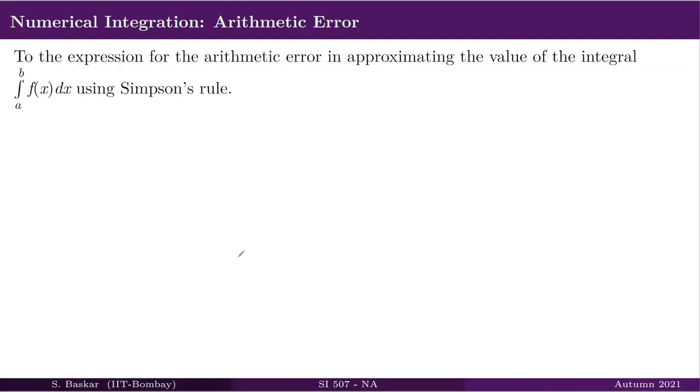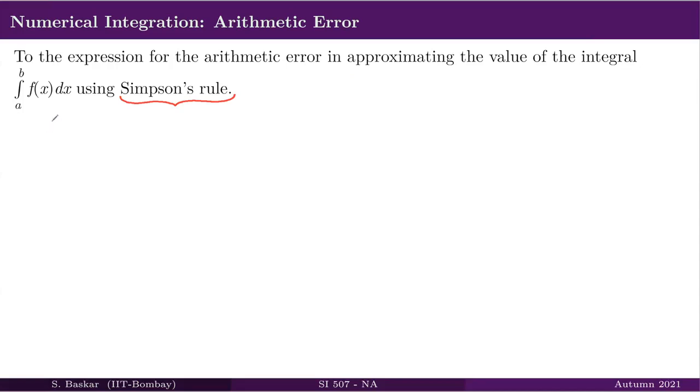Finally, let us try to derive the expression for the arithmetic error in approximating the value of an integral using a quadrature formula. In particular, we will illustrate this derivation in the case of Simpson's rule, and the idea is the same for deriving the arithmetic error for any quadrature rule.